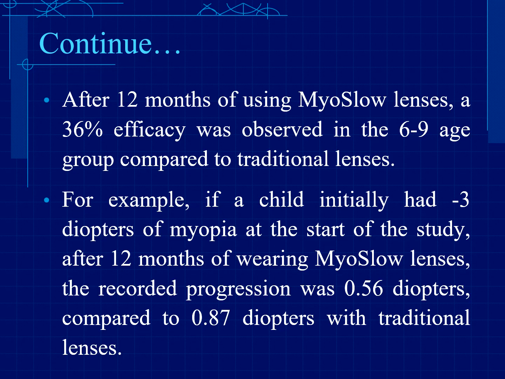It means the myopia can be managed in this group. For example, if the child initially had minus 3 diopters of myopia at the start of the study, after 12 months wearing this kind of lens, MyoStop or MyoSlow, it doesn't make any difference, the progression was 0.56 diopter, and with the traditional type of lens, the progression was 0.87 diopter.